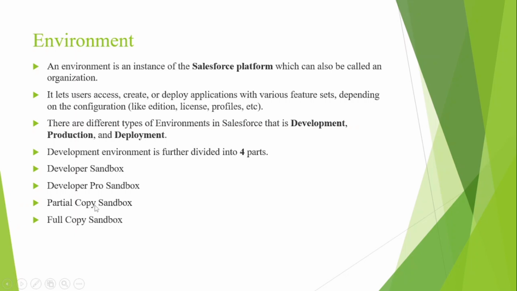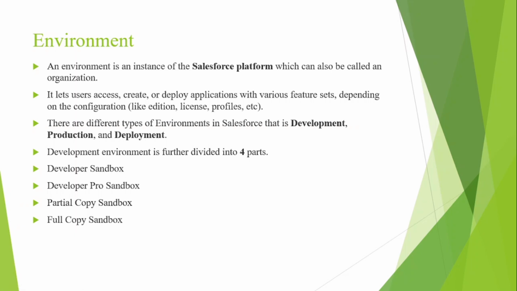Here testing and all the things are taken care of, they test on their own, then the client is going to test, and finally when the client says this functionality is okay, perfect, then we are going to deploy into production. So development has four parts and production has one part.